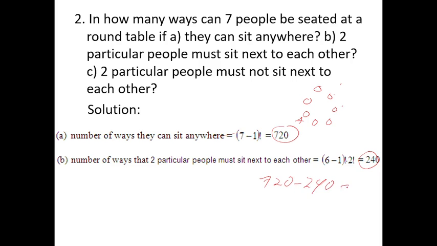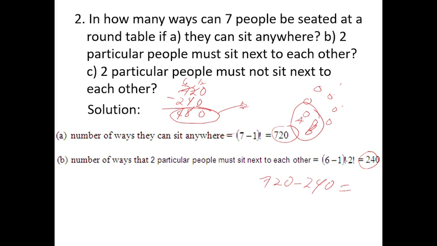Anong interpretation ng remainder? 480. So, 480 arrangement. Ito yung mga number of arrangement ng mga tao dun sa round table na laging yung A and B, hindi magkatabi. Kasi yung laging magkatabi, 240. So, yung 480 na remainder, yun yung laging hindi sila magkatabi.